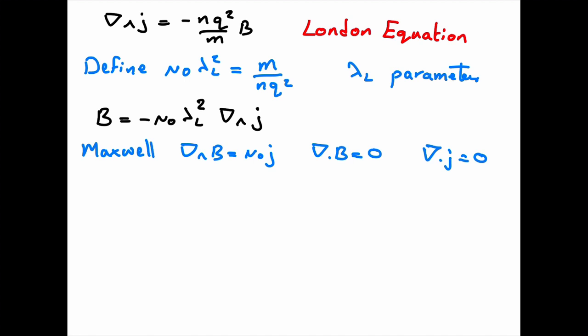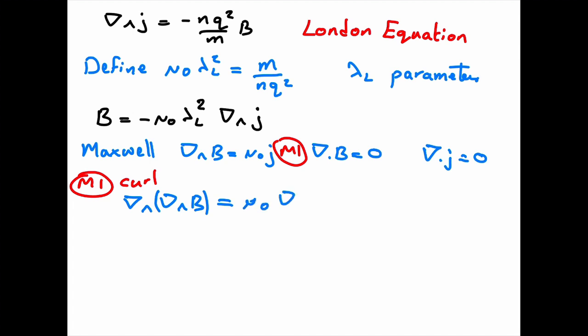Right, so let's take the Maxwell equation. Let's call this M1. And if I take M1 and take its curl, that will give me the curl of B is going to be equal to mu naught curl of J. Well, hang on, I know what the curl of J is, because that's the London equation.